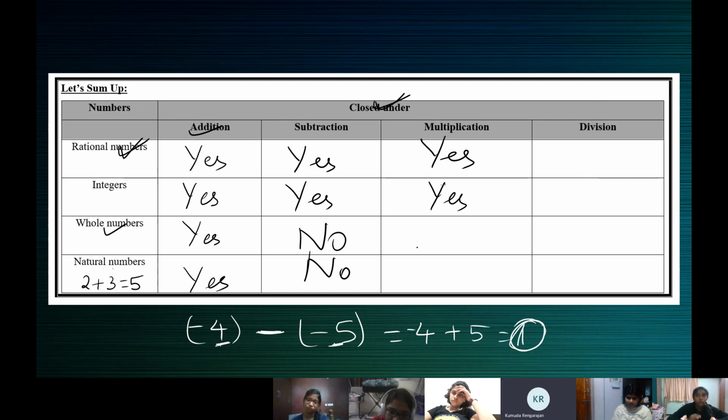Danya, are whole numbers closed under multiplication? What do we mean by that? Now, supposing I say yes. Ma'am, if we subtract and. Not subtract, we are under multiplication. I'm sorry, ma'am.